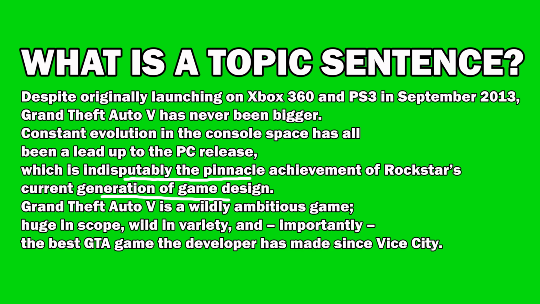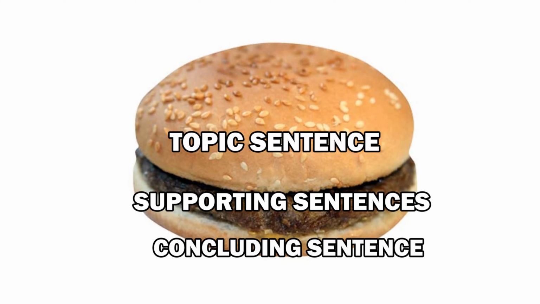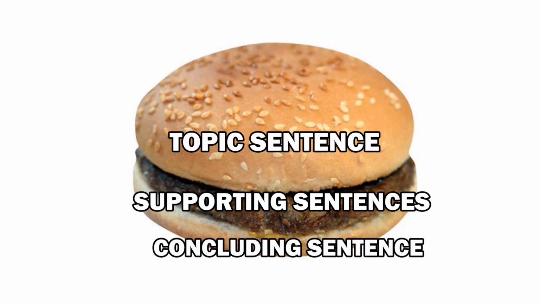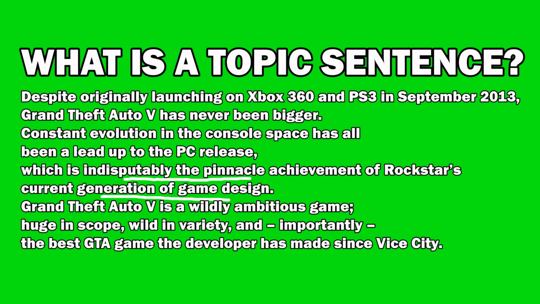Remember that we said there should be a topic sentence, supporting sentences, and a concluding sentence in a good paragraph. Not all writers are good, but you will review many passages. Some may be well written, some not, but ultimately they all have to break down to having a topic sentence, supporting sentences, and a concluding sentence. So here we find the topic clearly is GTA 5, and the idea used for the topic sentence is that game is Rockstar's best so far.